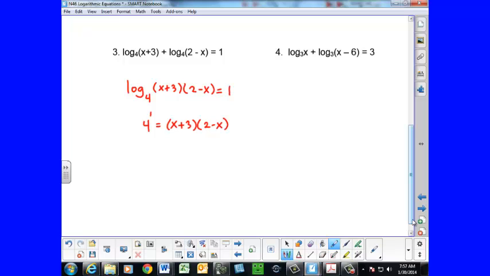From here, it's just a regular old quadratic equation. Multiply those two binomials together and you get 2x minus x squared plus 6 minus 3x.